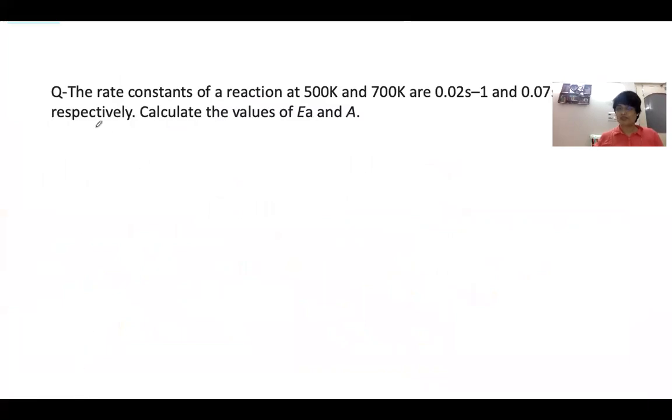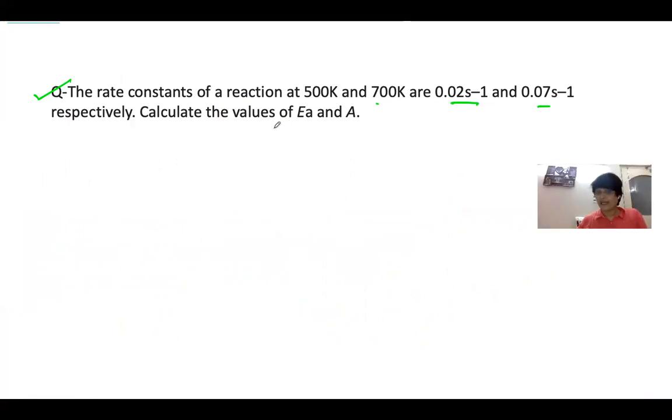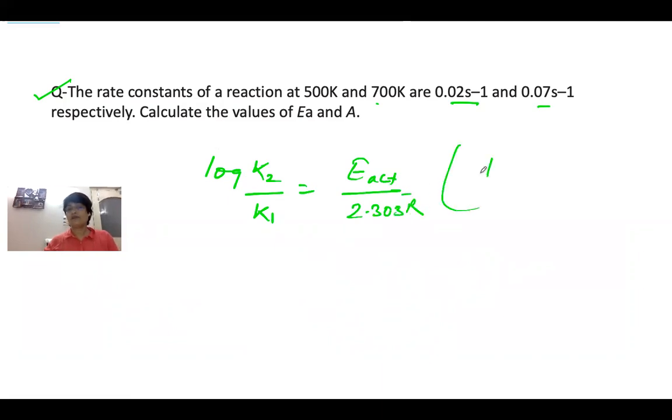Now we have a question which you can do quickly. Rate constants of a reaction at 500 Kelvin and 700 Kelvin are 0.02 per second and 0.07 per second respectively. Calculate the value of E act. How are we going to find it out? Log K2 upon K1 is E act upon 2.303 R into 1 upon T1 minus 1 upon T2.